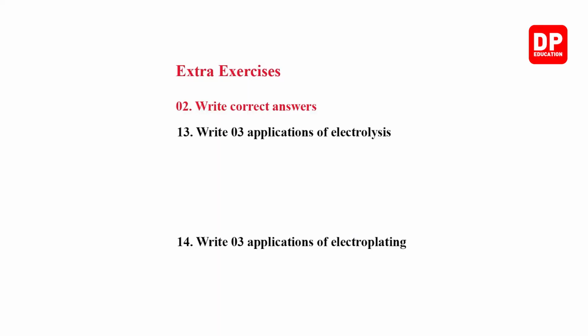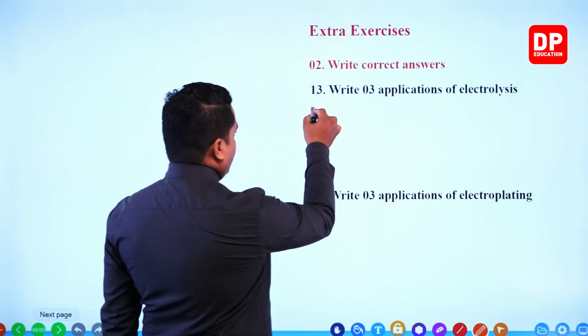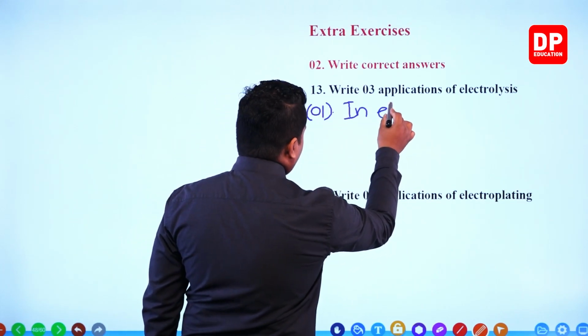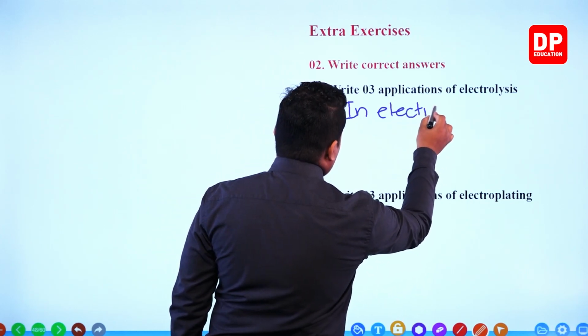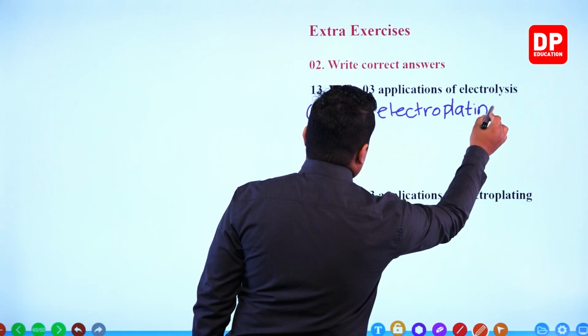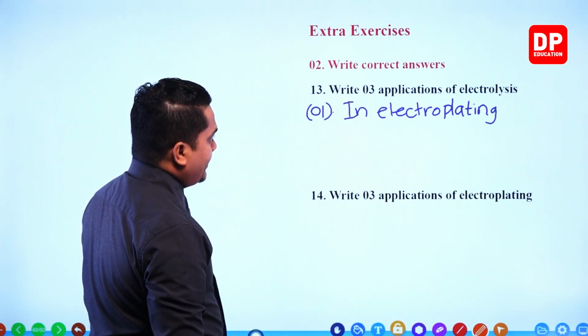Write 3 applications of electrolysis. 3 applications of electrolysis. Very simple, my dear children. Number 1, in electroplating. Right? In electroplating.